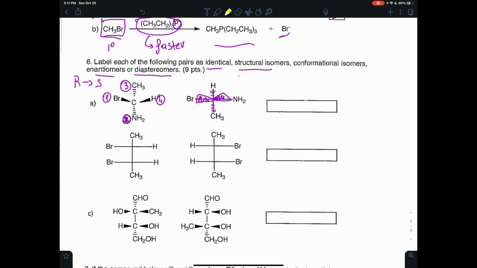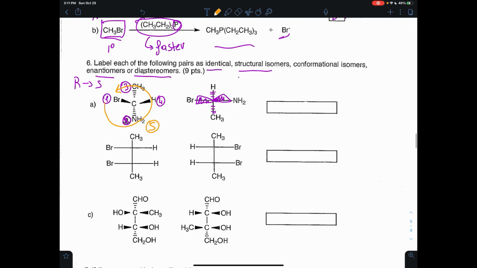If I do the circle around that, 1, 2, 3, that's an S. But you notice I have a wedge on group number 4. That will cause me to flip that, and it becomes an R.